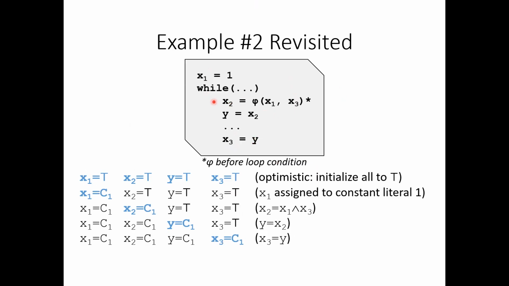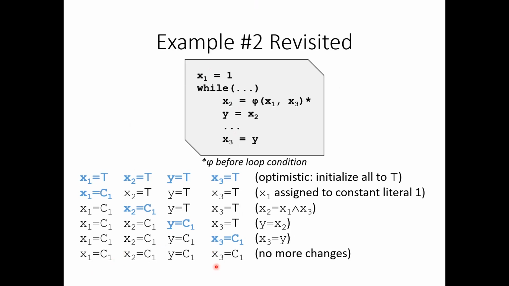So now if I come back and process x2 equals phi of x1, x3, this time I have x1 is C1 and x3 is C1. So where do C1 and C1 meet? At C1. So C1 meets C1 gives C1, and x2 here is already C1. So if I keep iterating, there are no more changes, and by doing this, I've established that x1, x2, y, and x3 are all the constant C1.